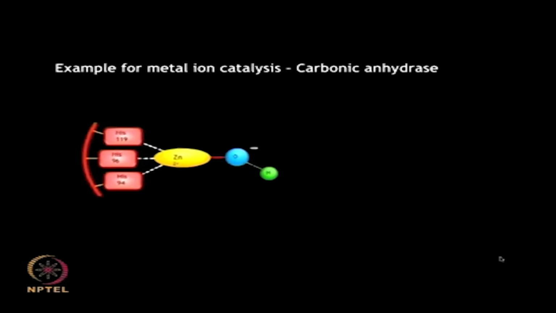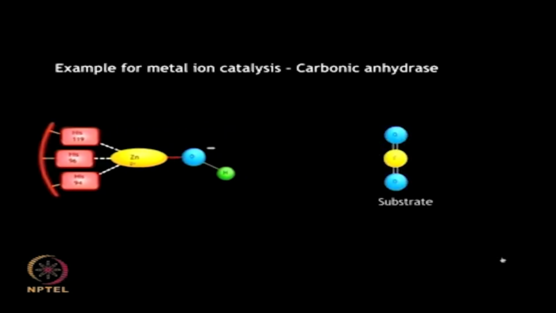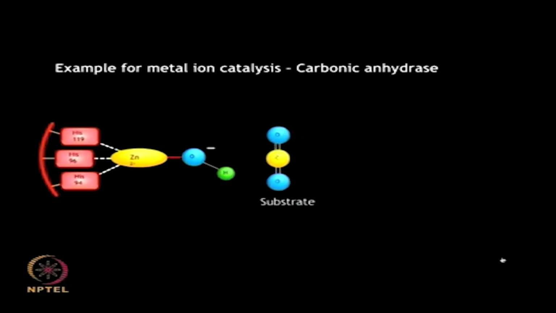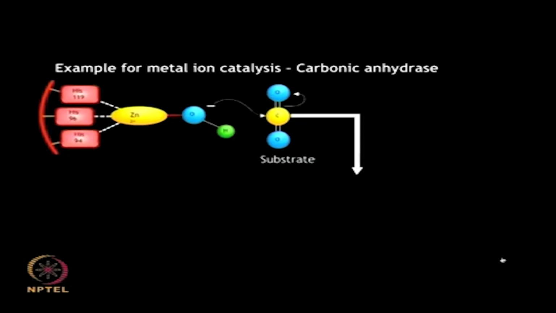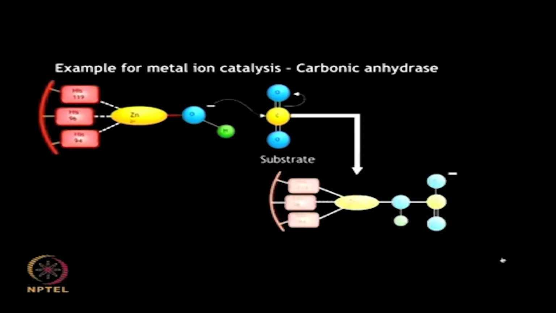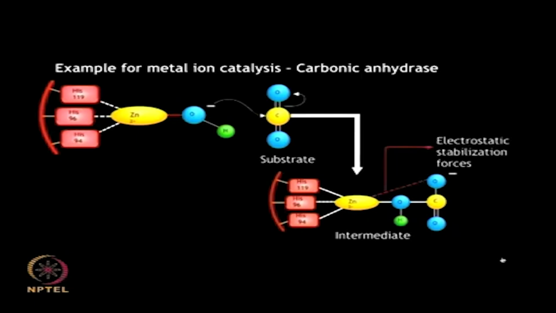The generated hydroxide ion at the active site then attacks the carbon dioxide substrate, converting it into a bicarbonate ion. The negative charge generated on the oxygen atom is stabilized by interaction with the zinc ion.